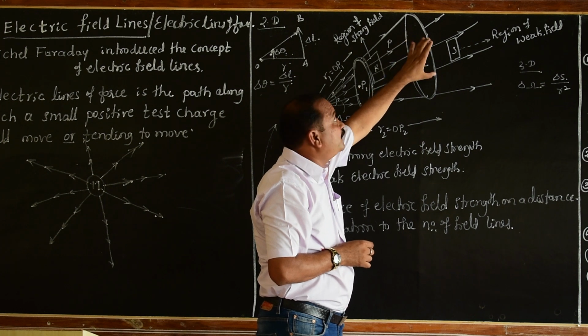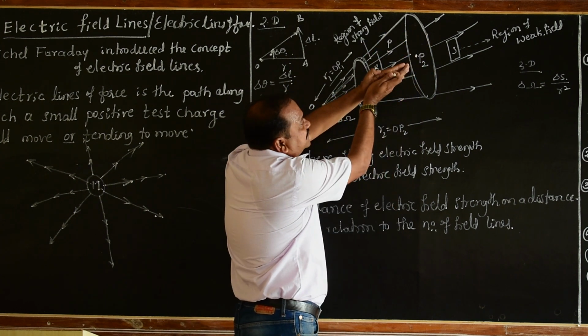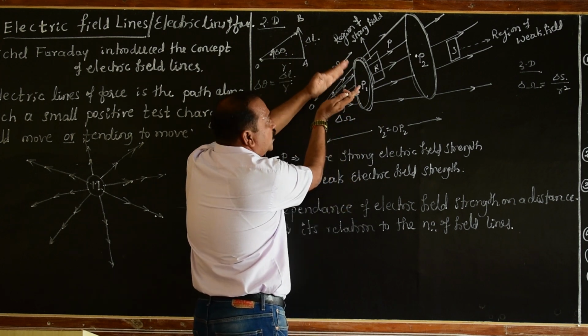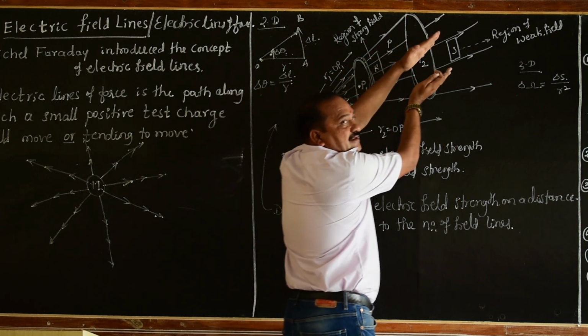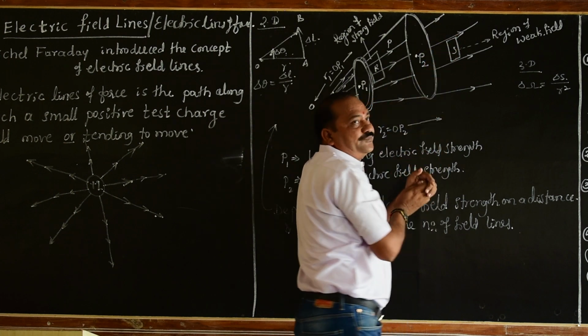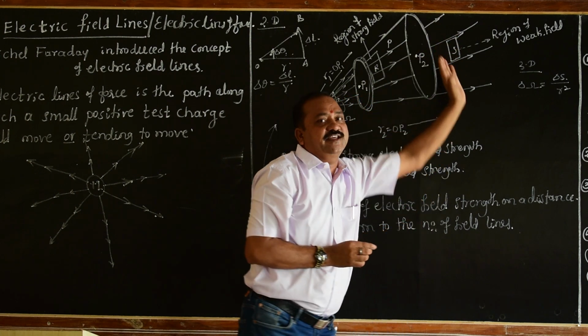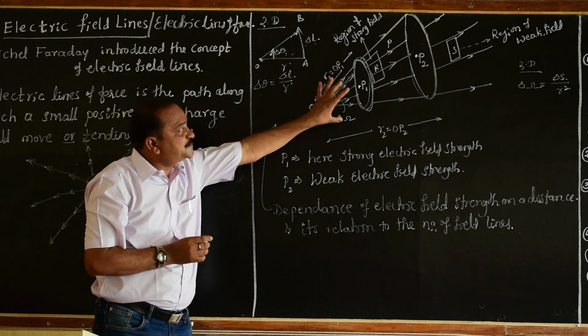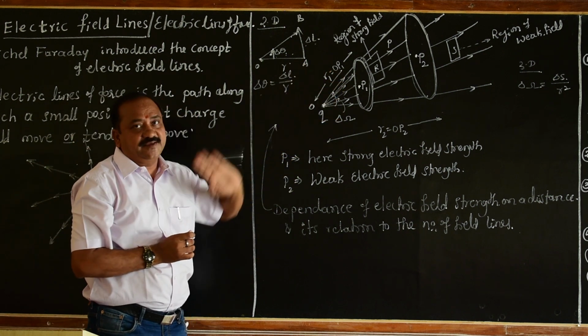Weak field, of course, the distance would be more here. Here they are very closely associated, but here they are away from each other. That is how I would like to analyze this particular concept.